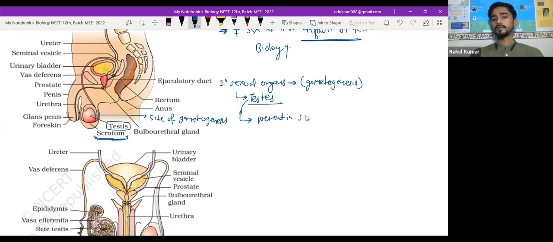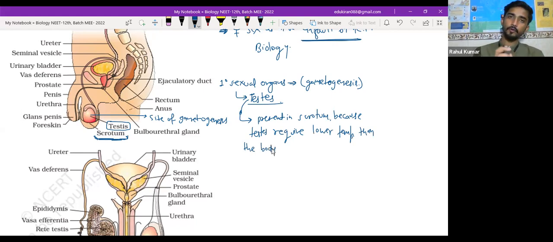Write down: it's present in the scrotum because testes require lower temperature than the body temperature for spermatogenesis to happen efficiently.